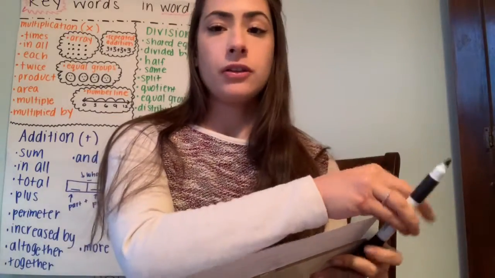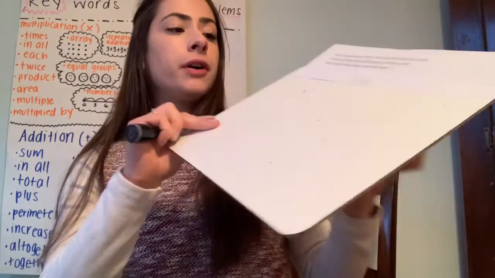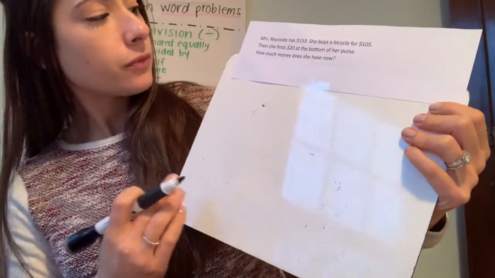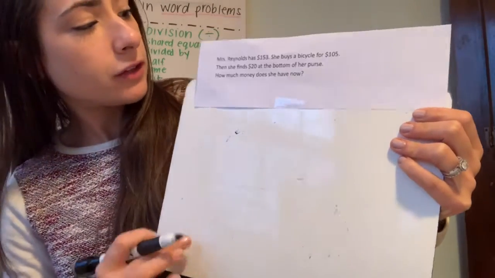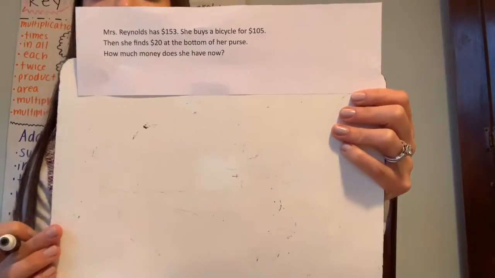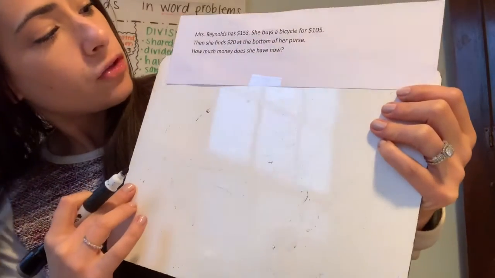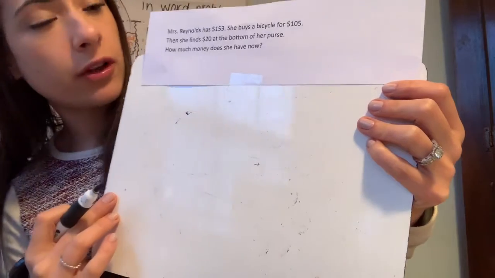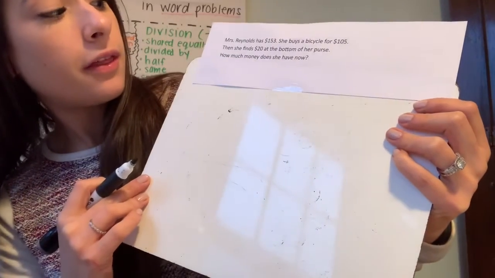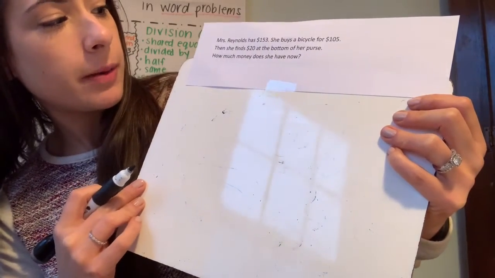And this one has 2 steps. So you have to break it apart and do one operation at a time. Mrs. Reynolds has $153. She buys a bicycle for $105. Then she finds $20 at the bottom of her purse.